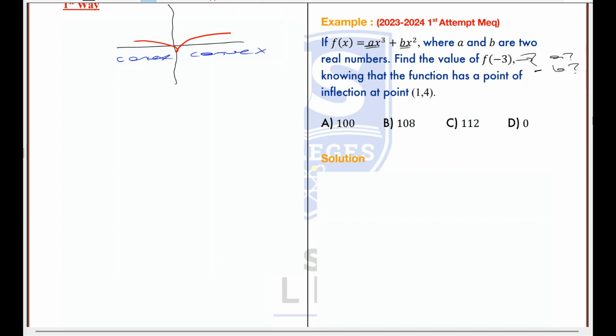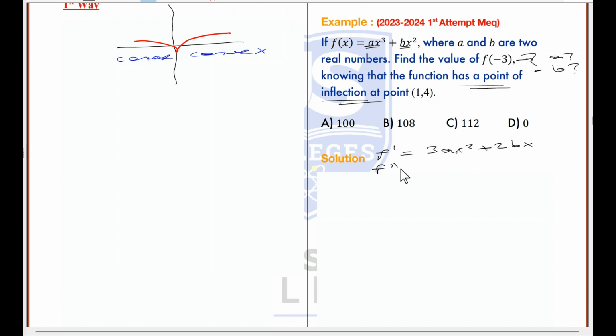How are we finding a and b? We are going to find it by using the point of inflection, right? It says there's a point of inflection at (1, 4). Point of inflection means it is the point where second derivative is equal to 0. Let's find first derivative: 3ax squared plus 2bx.